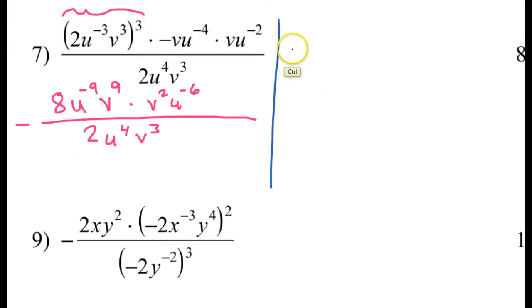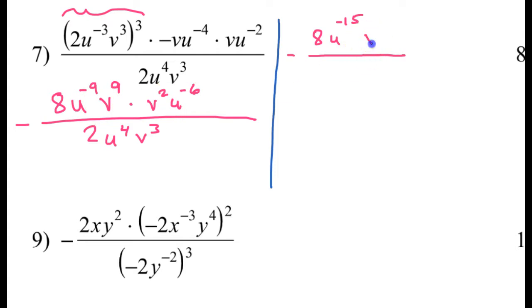Okay, I really need to continue working on the numerator here a little bit more. So I've got u to the negative 9th power and u to the negative 6th power. Let's just keep the 8 for now. So that's going to be u to the negative 15th power as I'm adding those.